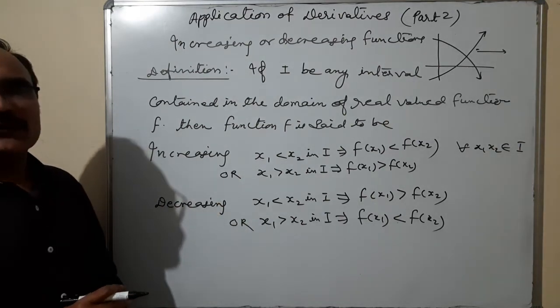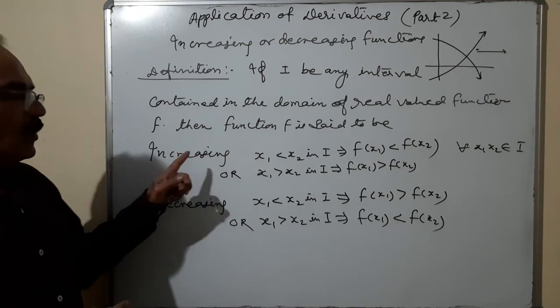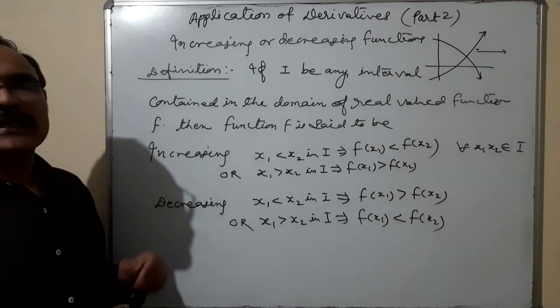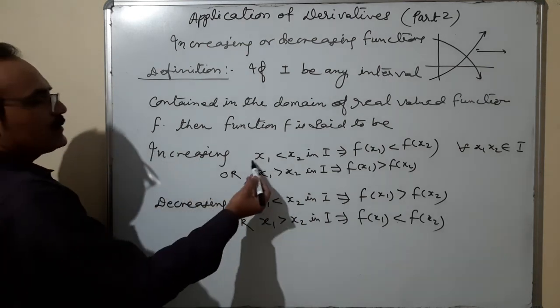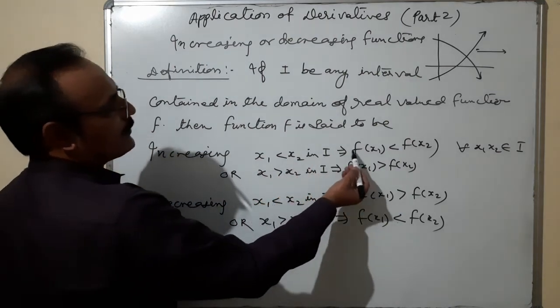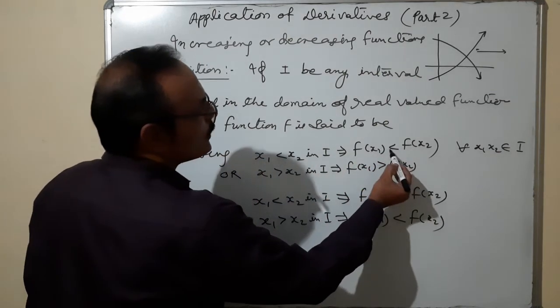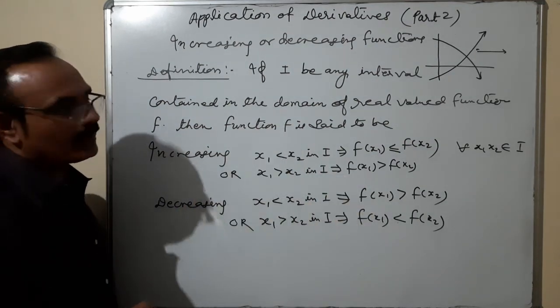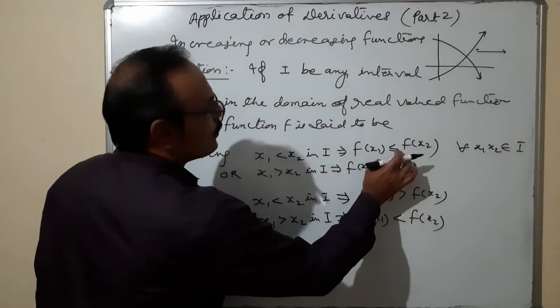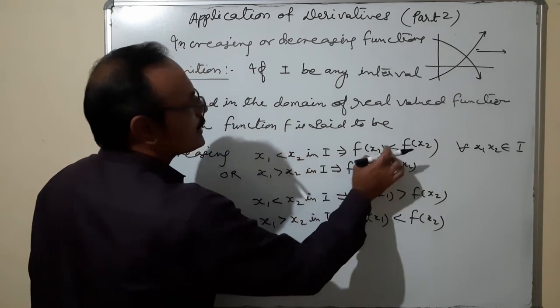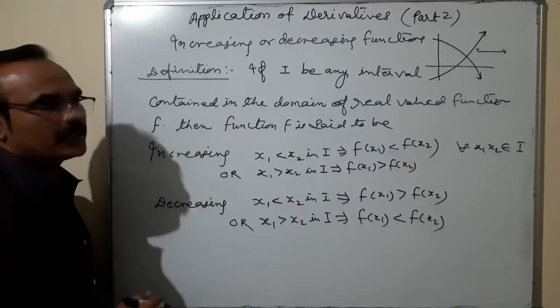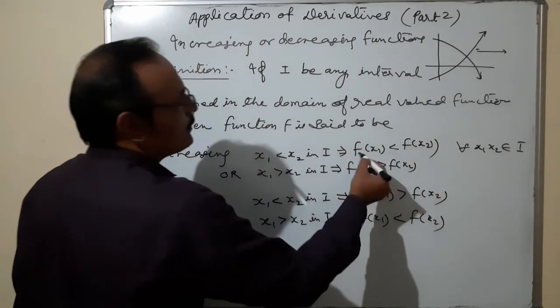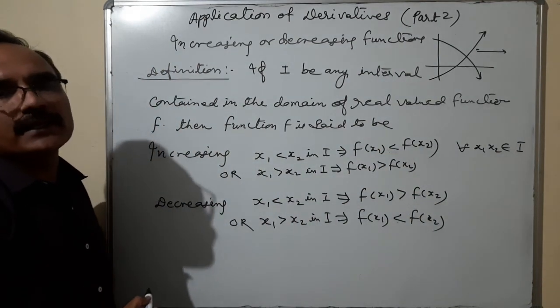Here one more thing which is important. One is strictly increasing and strictly decreasing. See, x1 is less than x2 in I and f of x1 is less or equal to f of x2. What is it? It is increasing. But if I write here only f of x1 is less than f of x2, strictly less than f of x2, that means this is called strictly increasing.